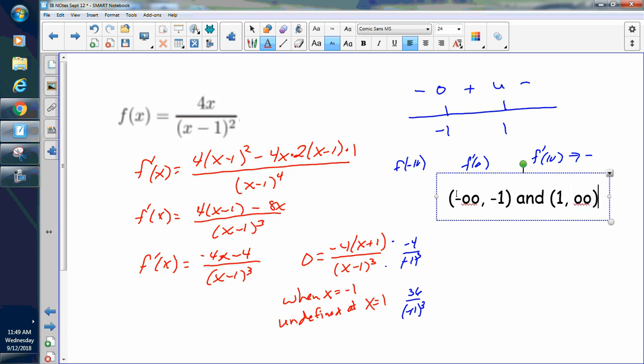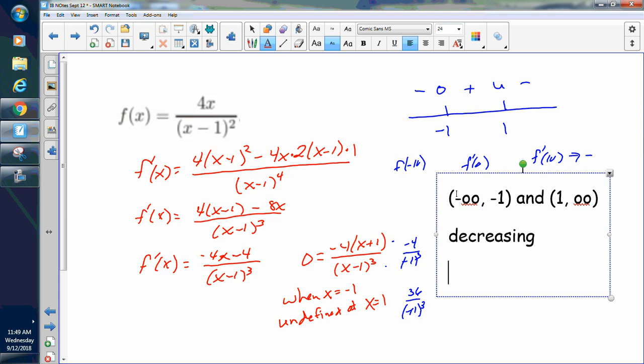And again, this is where it's increasing. And then we're going to be decreasing. Let's go back, do a little bit of editing. That's where it's decreasing. And then from negative 1 to 1 is where we're increasing.